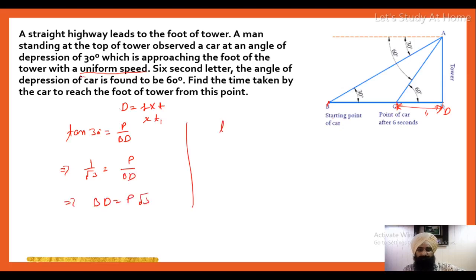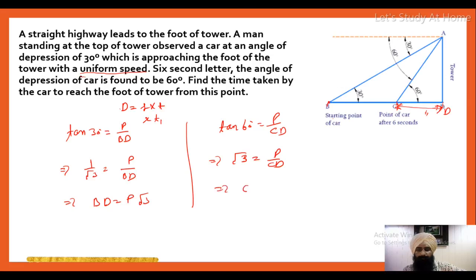In the second case, tan 60 degree is equal to perpendicular upon CD. So this implies under root 3 is equal to P over CD.